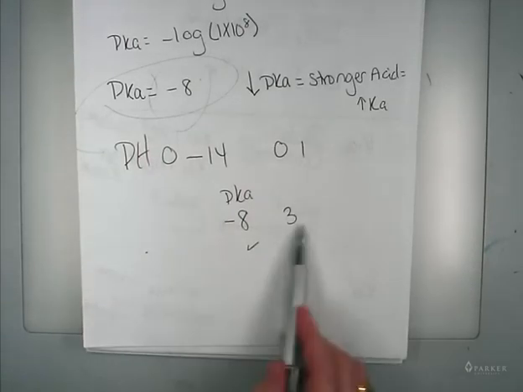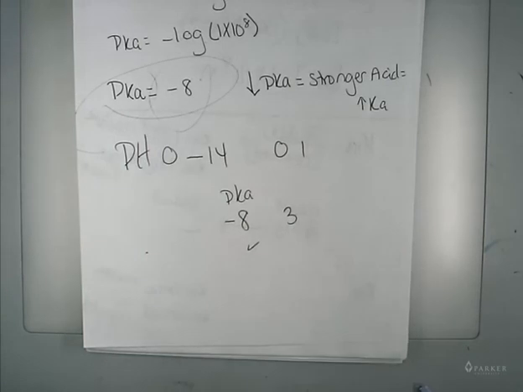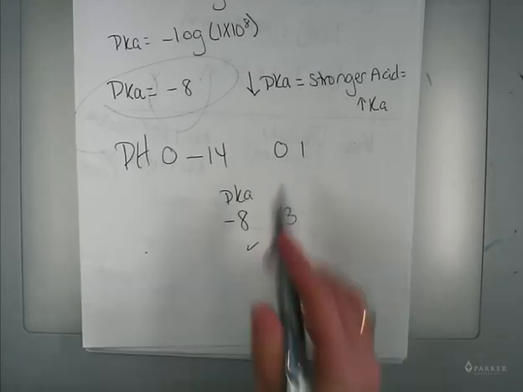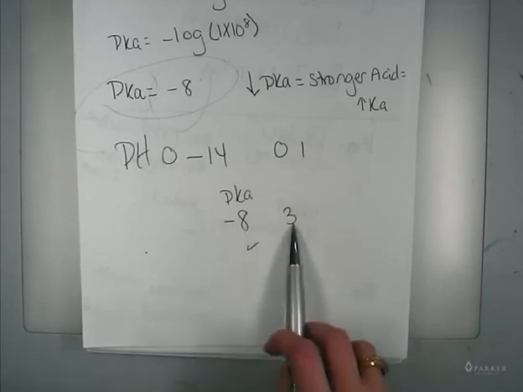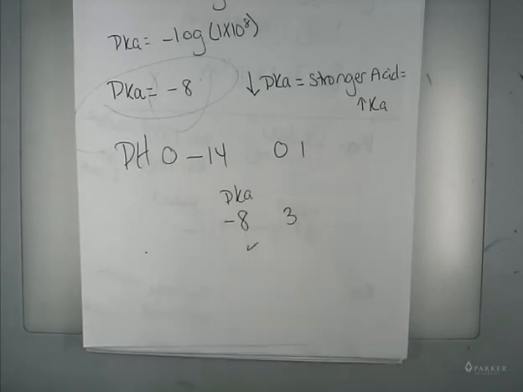Okay, so do you see the difference between the numbers is greater? And you can kind of see that the difference in acidity is greater than what you think it is. Because if you're just looking at 0 and 1, you think, oh, okay, they're about the same. But if you're comparing a negative 8 to a 3, you can see the difference in acidity looks a lot greater, which is actually what it probably is.